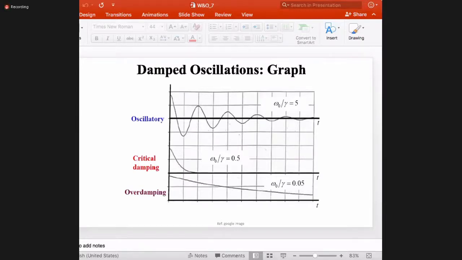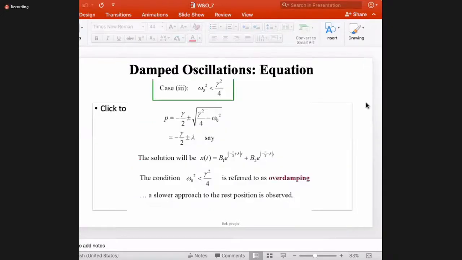Recording in progress. Okay, so in case of condition 3, as you see in the slide, there is no t multiplied in the solution. So there will be only the exponential part.